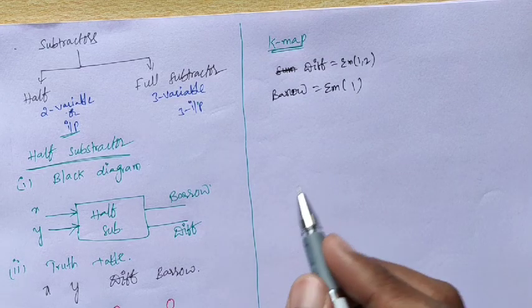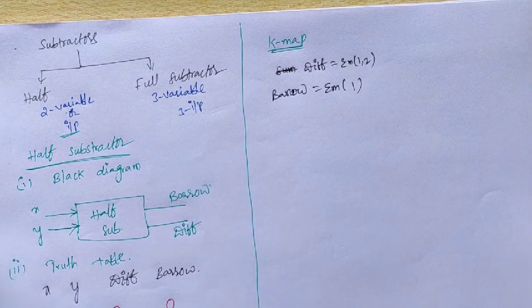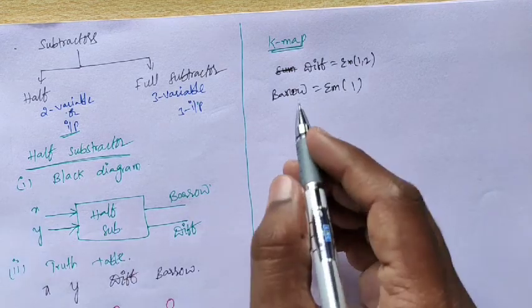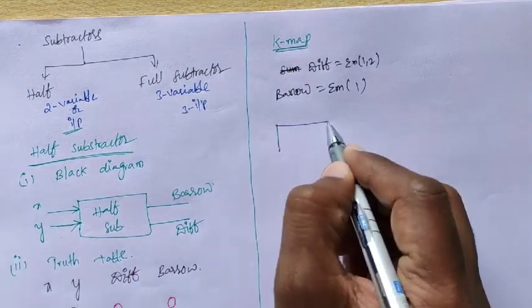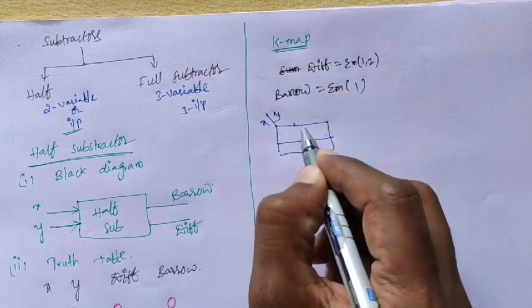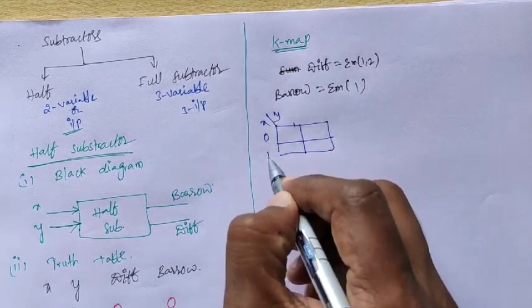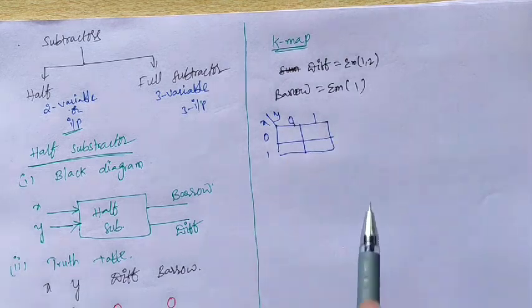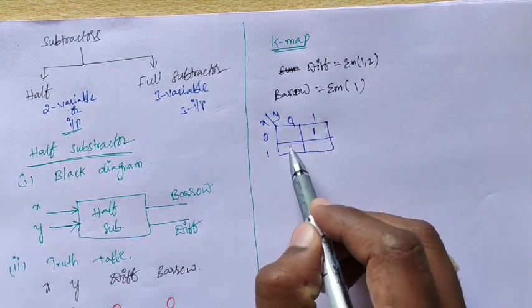Now we have to find the output expression using the K-map. This is the difference K-map. The variables are x and y, with 0 1 on the rows and 0 1 on the columns according to the K-map. This is the 1 place and this is the 2 place.